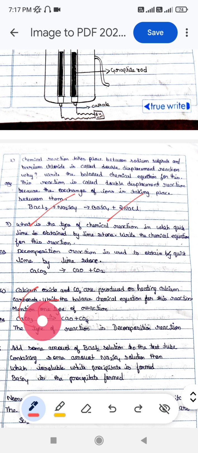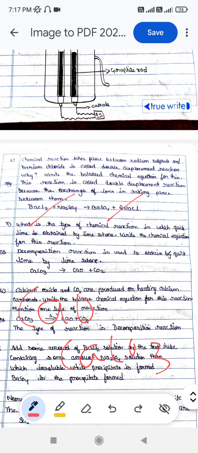CaO is the chemical formula of quicklime, correct? Limestone formula is CaCO3, calcium carbonate, called limestone.